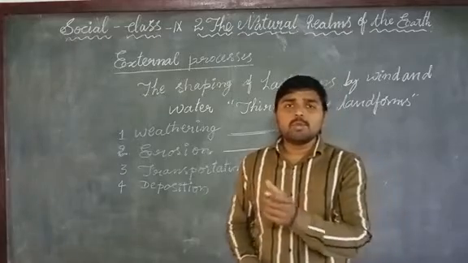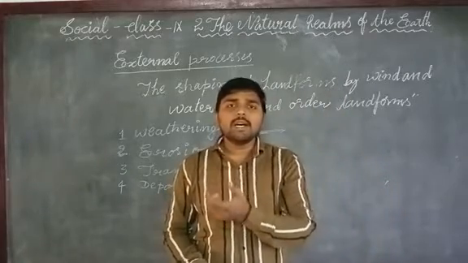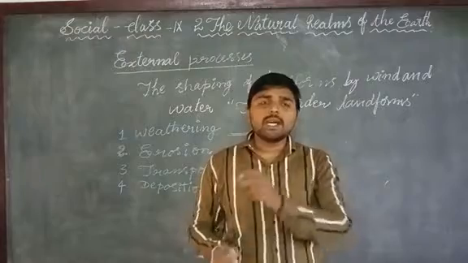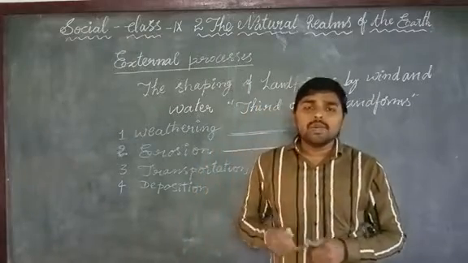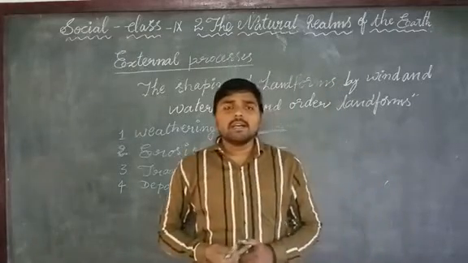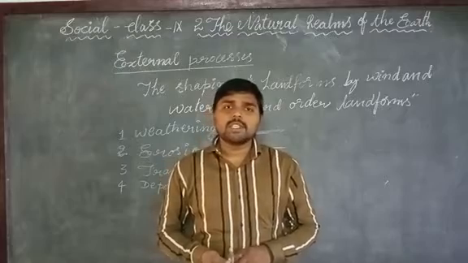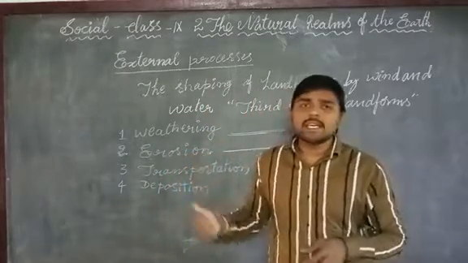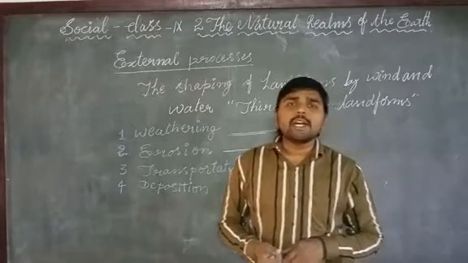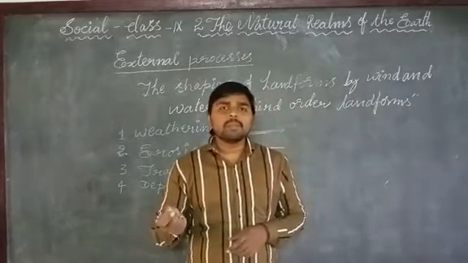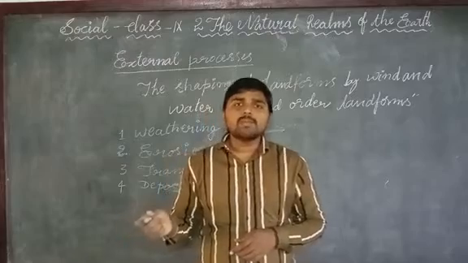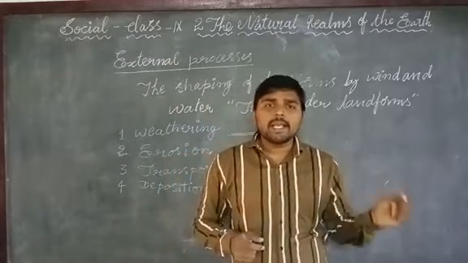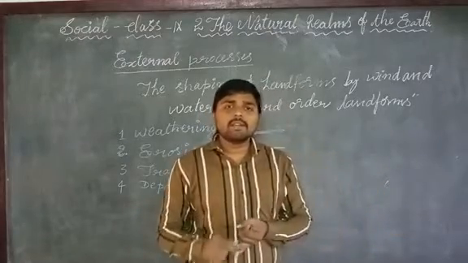The moving of particles, of landforms, from one place to another by water or air is called transportation. Transportation means whenever the eroded particles are transported from one place to another along with water or air.